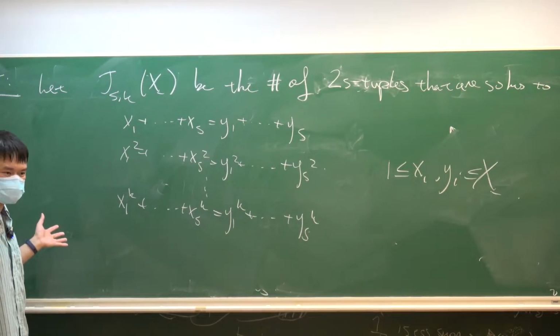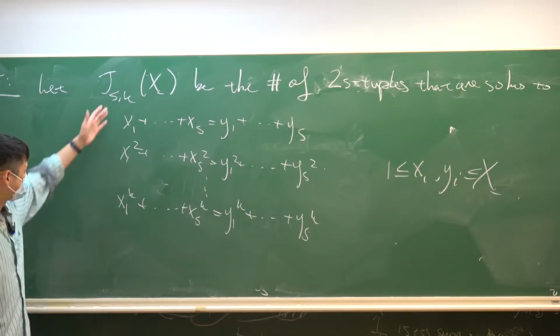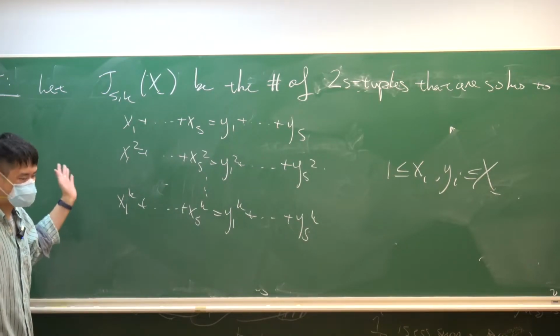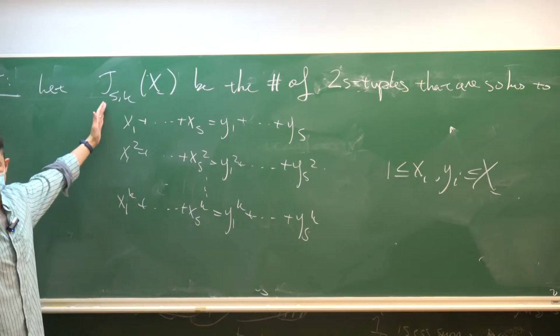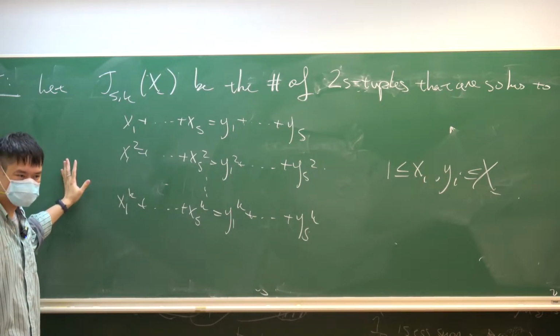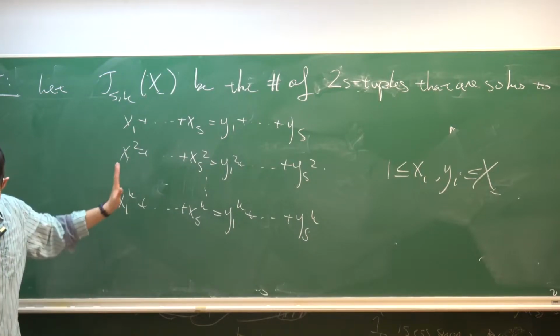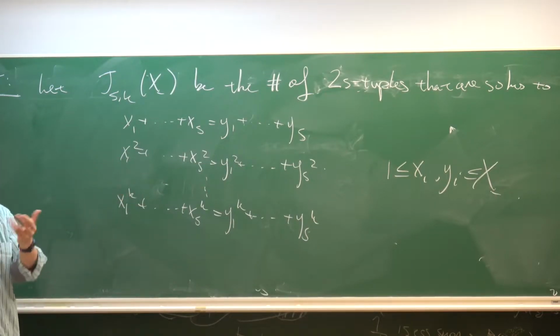This is the Newton identities. So if s is k, that's great. But you want all k. Or if, let's say, s is 2, that's also obvious. Small k is generally easy up to a certain point, and then you want the estimate for all k. So let's think about what's a lower bound for J_s. Okay. So what's a lower bound?